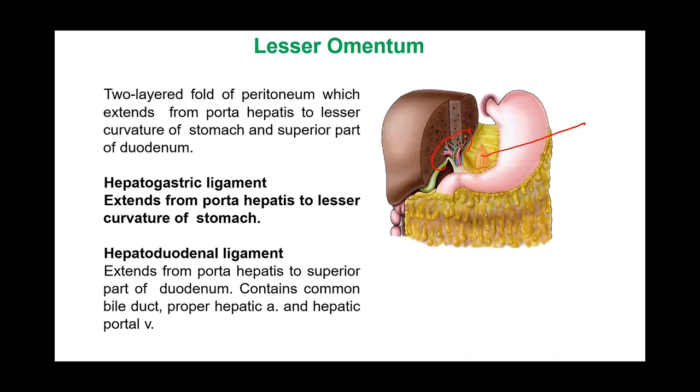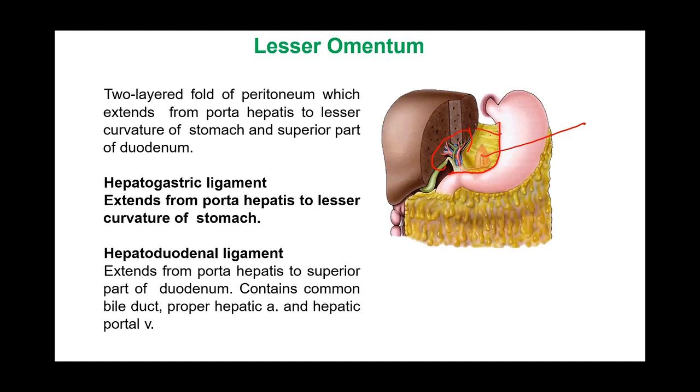So you should know that the lesser omentum arises from the porta hepatis, okay, and it extends to the lesser curvature of the stomach and the superior or first part of the duodenum.